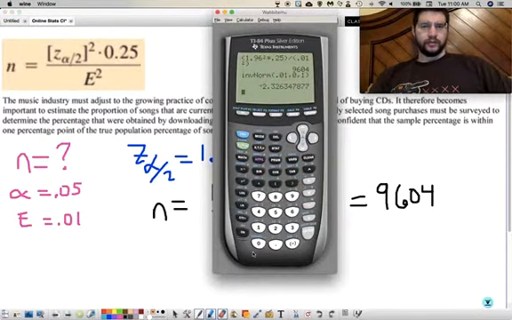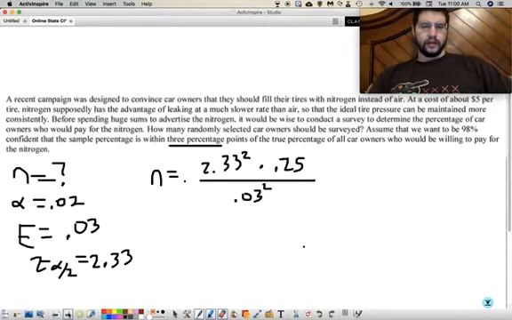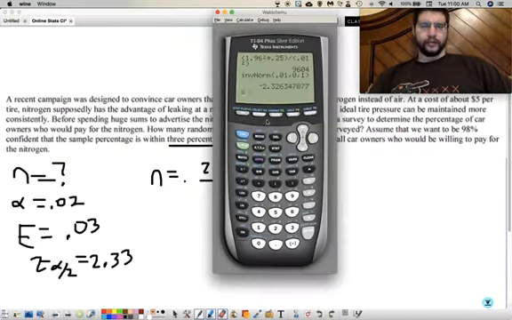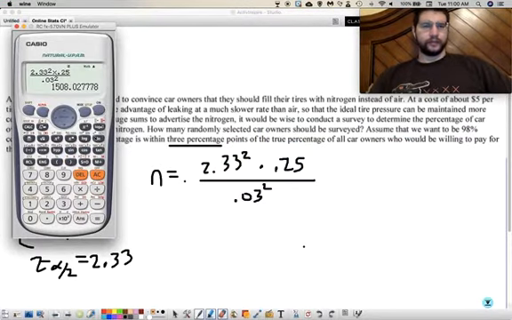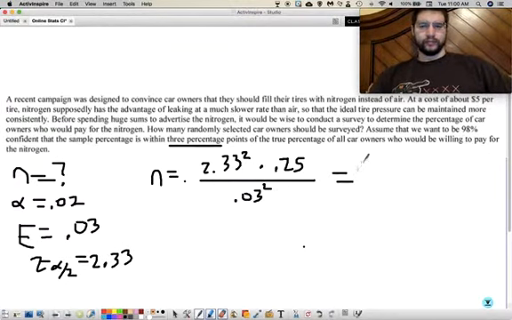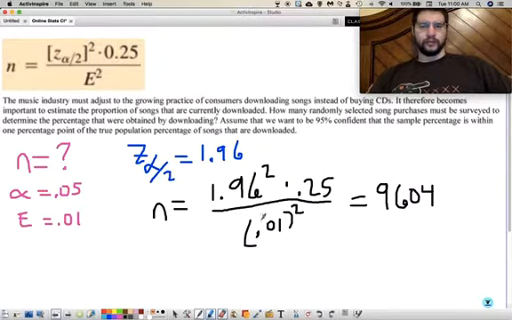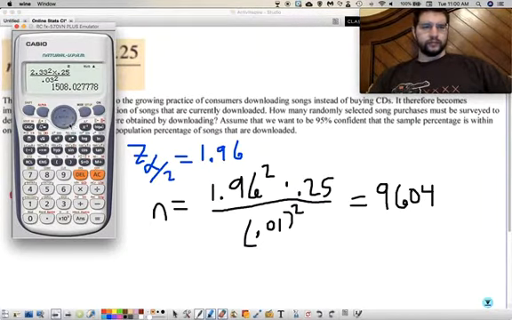So make sure you always round up. 1,508.0 blah still has to go up to 1,509.